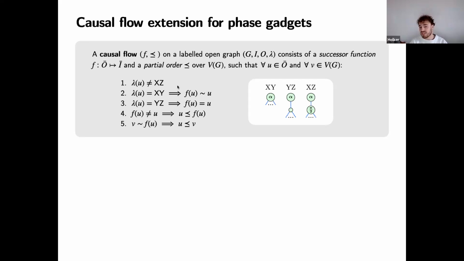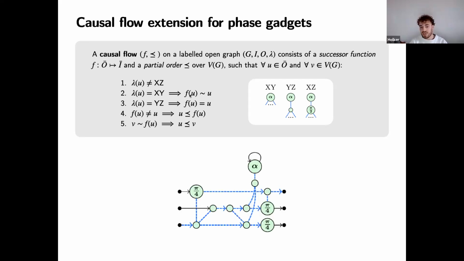Essentially, what this means is that for phase gadgets, we allow a self loop. So the successor function of a phase gadget is itself, and then the conditions for causal flow essentially mean that the legs of a phase gadget are connected to different qubit lines, and that they don't create any loops and cycles in the digraph.